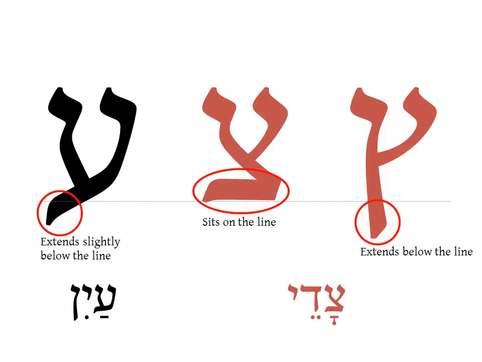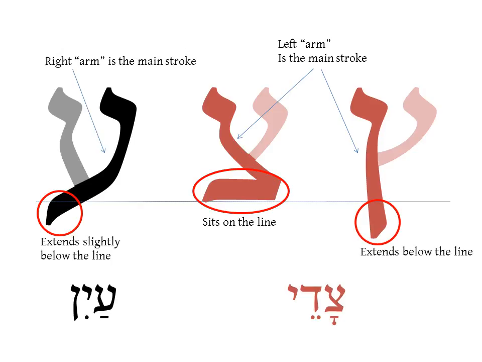But notice the Ayin sometimes extends slightly below the line. They all look like they have their hands in the air. But notice that the Tzadis, both forms of the Tzadi, have the left arm as their main stroke, and the Ayin has its main stroke as the right arm.